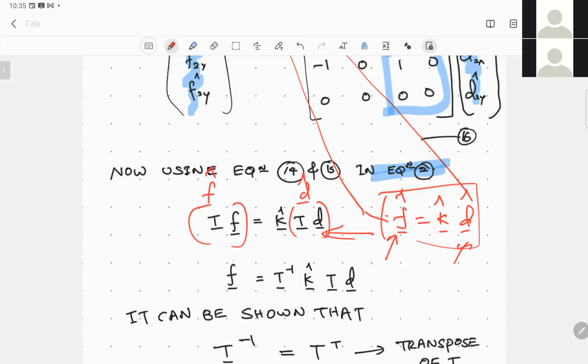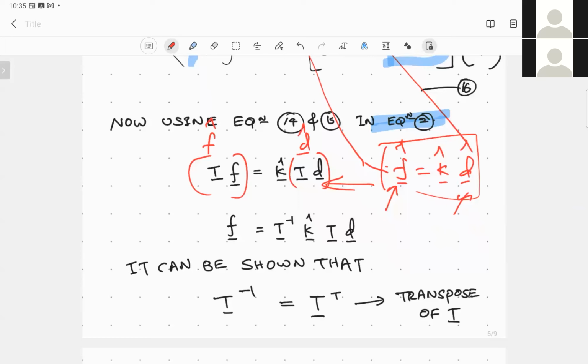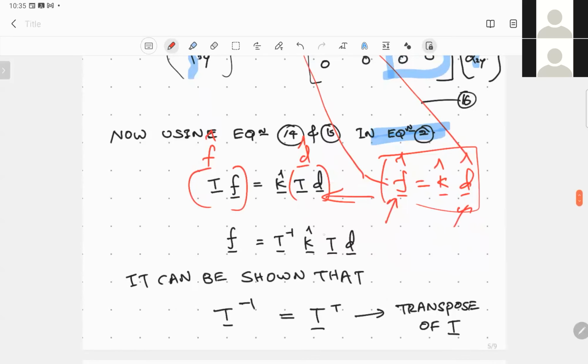So in order to calculate the force matrix, you have to take the inverse of T. You can invert it because all the matrices involved on the right-hand side are square matrices, since we expanded them to the total degrees of freedom.